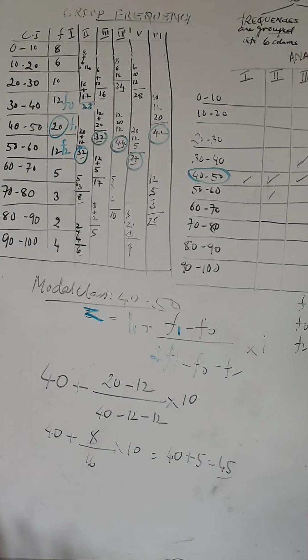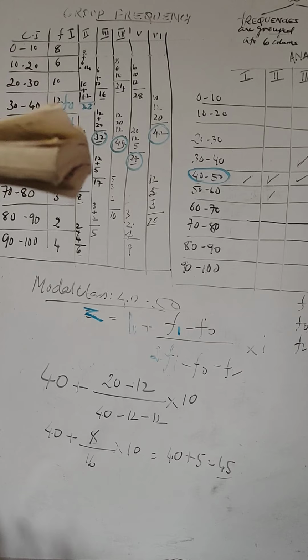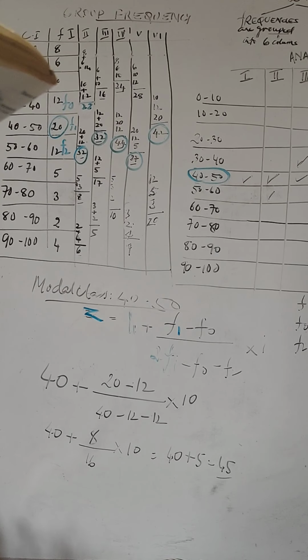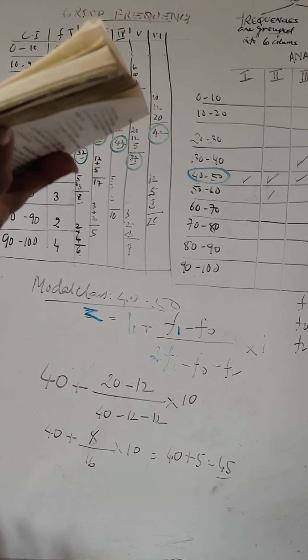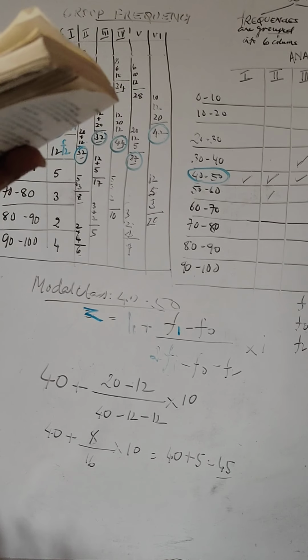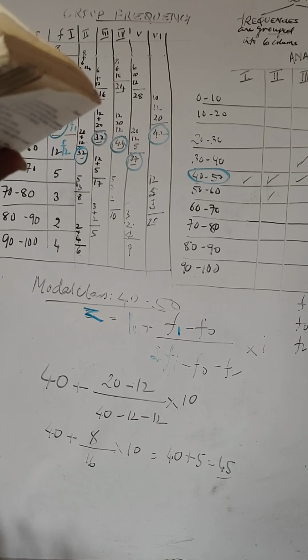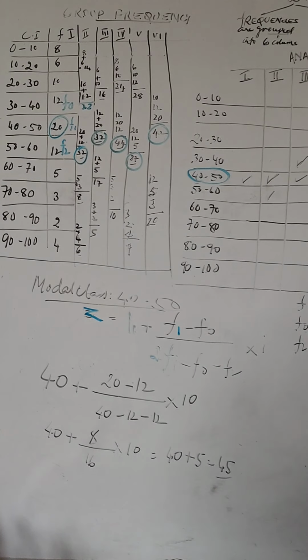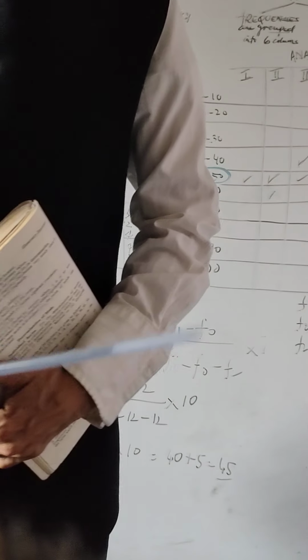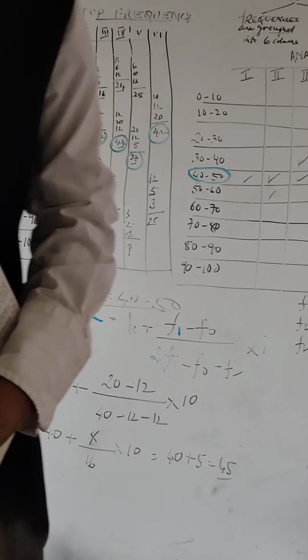So in the continuous series, we've just seen how we worked out the mode, how did we determine the mode, and this is how, when you're making the table, both the observation and the analysis table becomes very important.